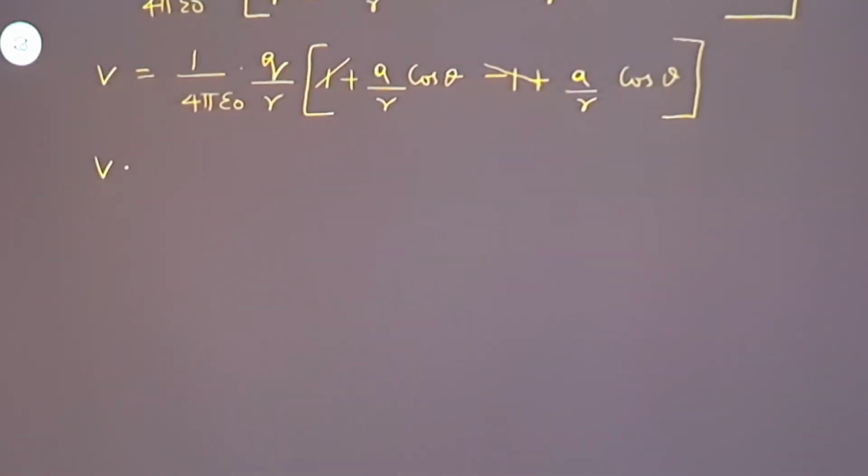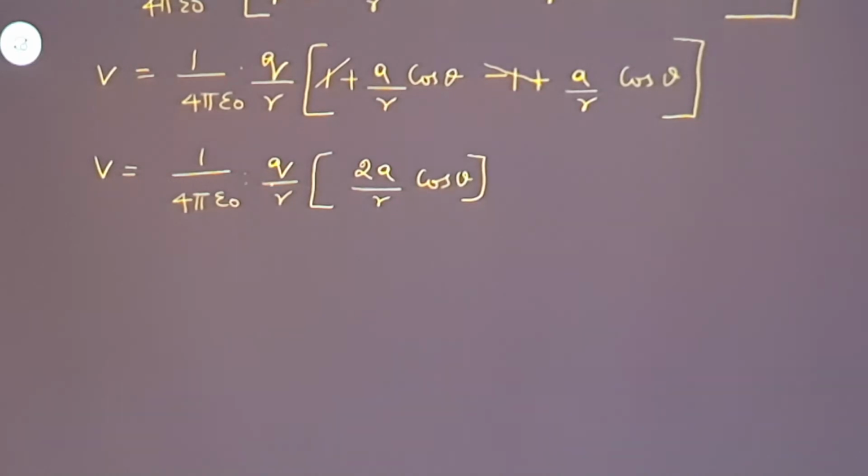See, the potential V equal to 1 divided by 4 pi epsilon 0 into Q divided by R, multiplied with A by R cos theta plus A by R cos theta, 2A divided by R cos theta. Simplify this, you can get V is equal to 1 divided by 4 pi epsilon 0 into Q into 2A by R square into cos theta.